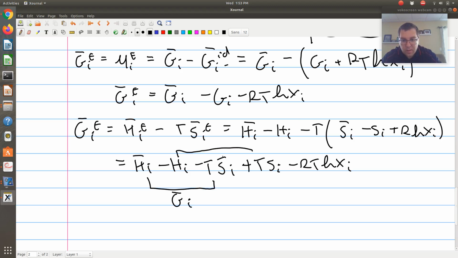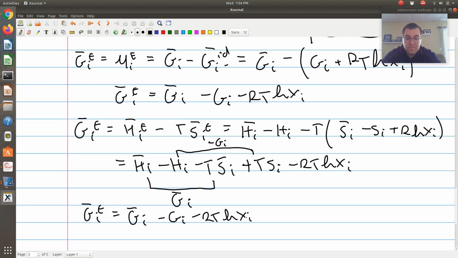Again, H minus TS gives me G, so this is a negative Gi, and we get that G bar iE is equal to G bar i minus Gi minus RT log xi. So we get the same expression that way. And you could equivalently play with your excess property, the math terms, but it's all the same.